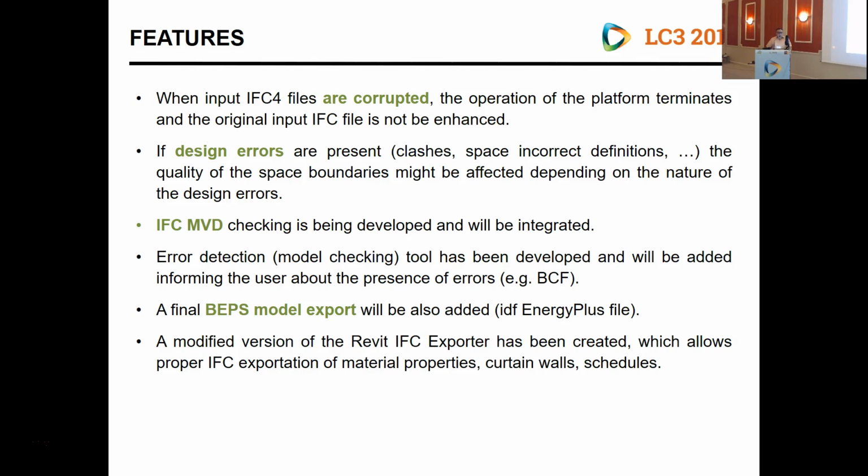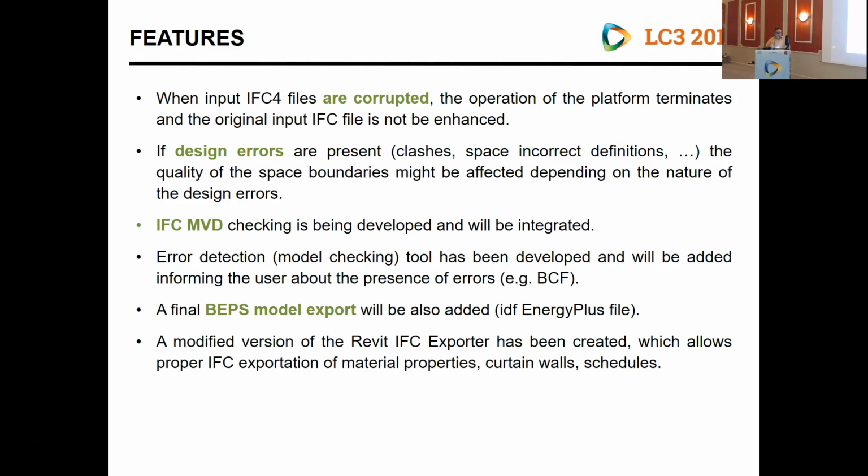We also have a tool that has been developed that performs the model checking. It's an error checking tool that informs the user regarding the presence of design errors that affect the generation of the second level space boundary topology.